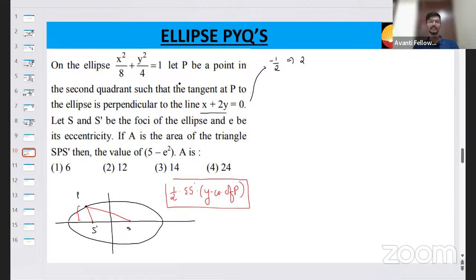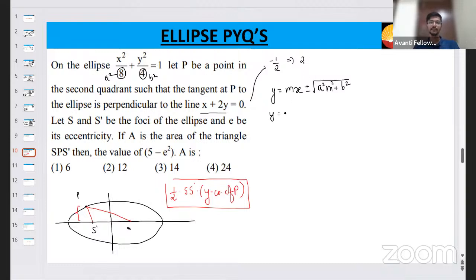The equation of tangent to this ellipse is given by y equals mx plus or minus under root of a square m square plus b square. What is a square? A square is 8, b square is 4, and m is 2.